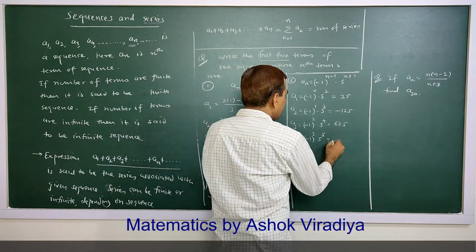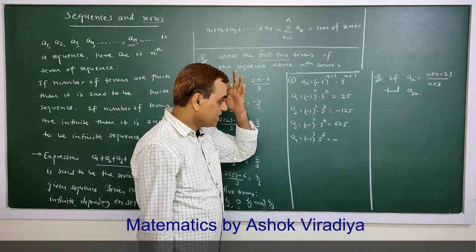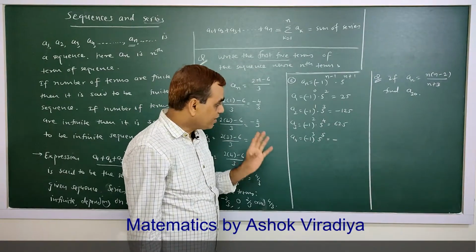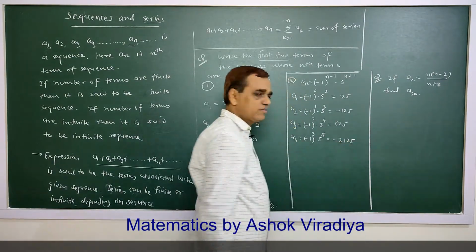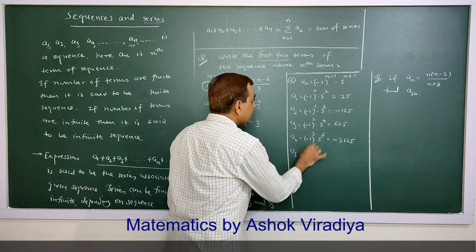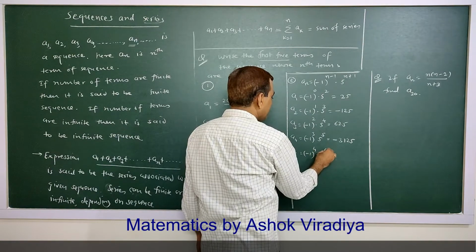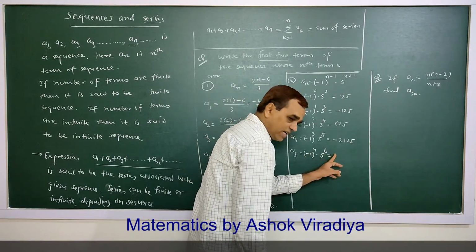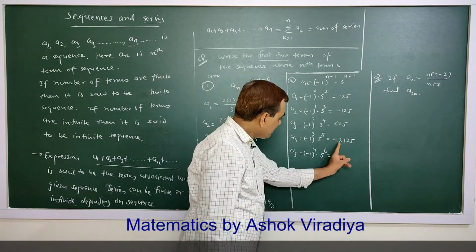So this is minus 1 cubed, which is minus 1, 5 raised to 5, that is 625 into 5, so 3125. The fifth term is minus 1 raised to 5 minus 1 is 4, and 5 raised to 6. Minus 1 raised to 4 is plus 1. So it will be plus, into 5 raised to 6. So multiply this number by 5.